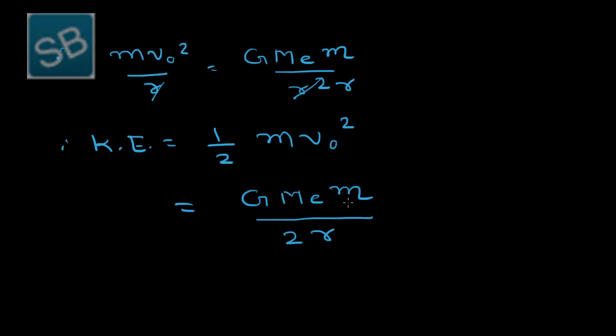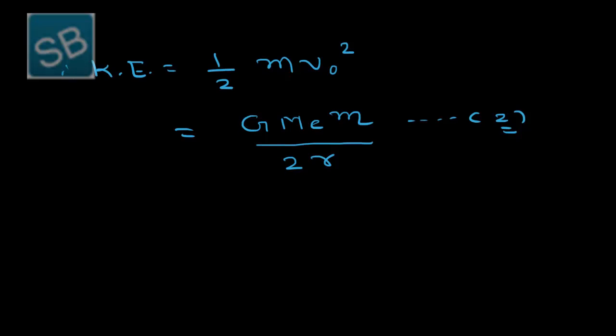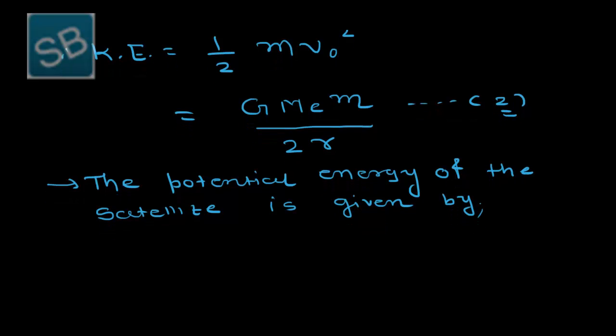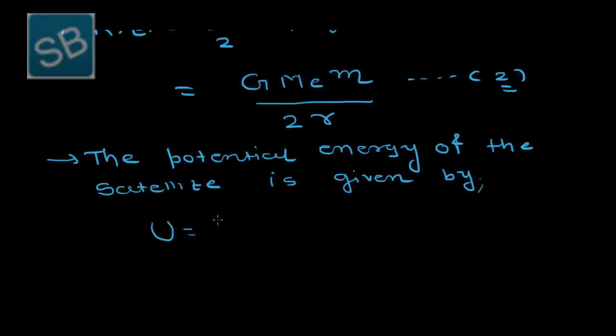And now the potential energy of the satellite is given by capital U, its denotation, and the same equation that you have used in previous theory, I am using over here.